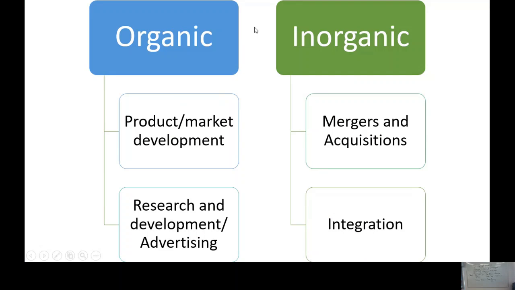Okay, next little task I'm going to ask you to do is to go to your booklets and go to page 5. At the top of page 5, it should say business growth 3.1.2, examples of inorganic and organic growth. What I'd like you to do is go to that first part, what was inorganic growth.